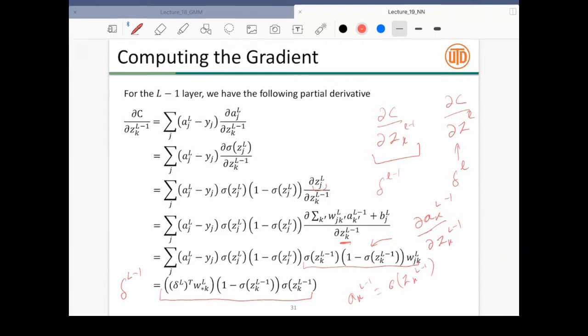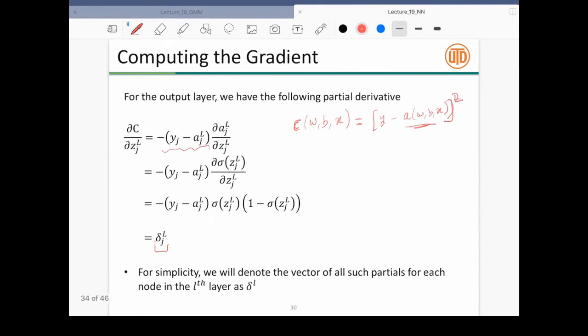Yes, Nathan. So the very top line of the slide, how were we able to write that expression? It's the exact same as what we saw previously, right, when we were computing the derivative of c.